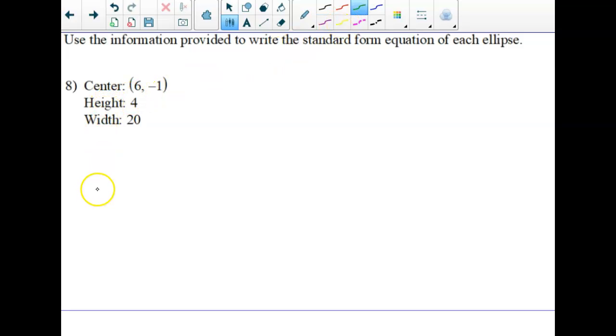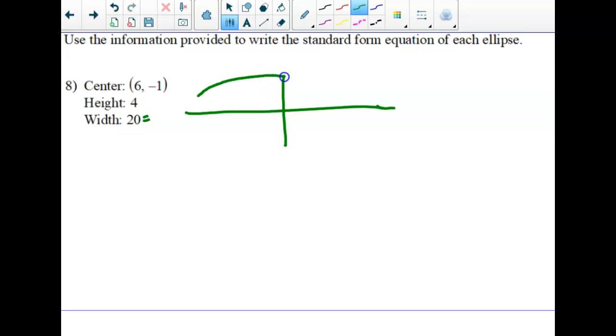Okay, it talks about height and width, not very definitive terms, but for our ellipse, we're going to talk about height as up and down. So this has a total height of 4 up and down, a total width of 20 left and right. Okay, so its total length of the major axis is 20.